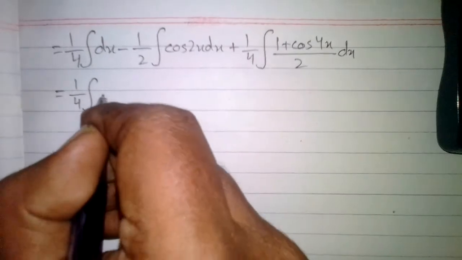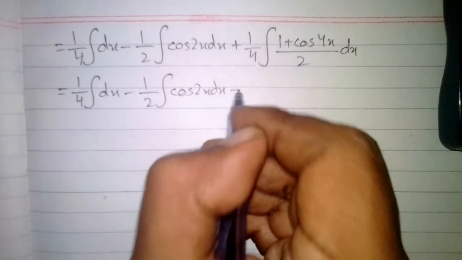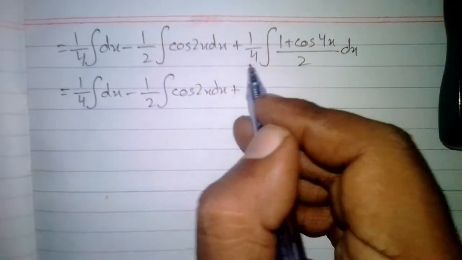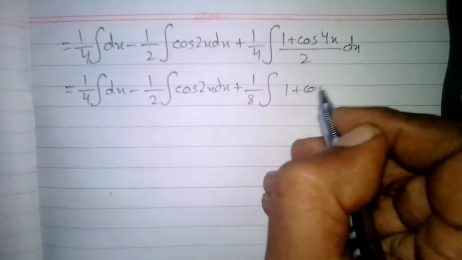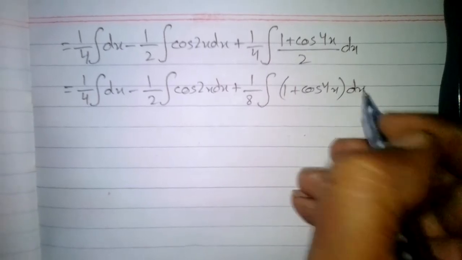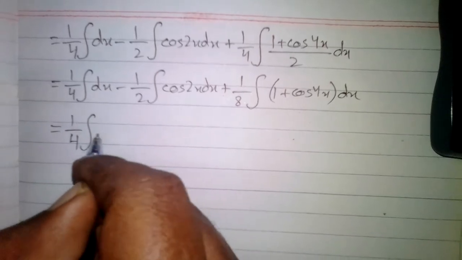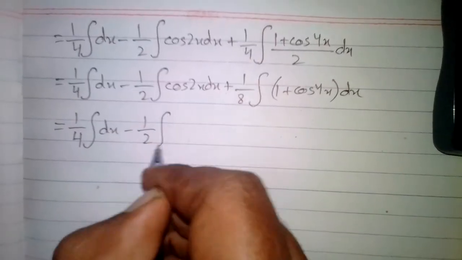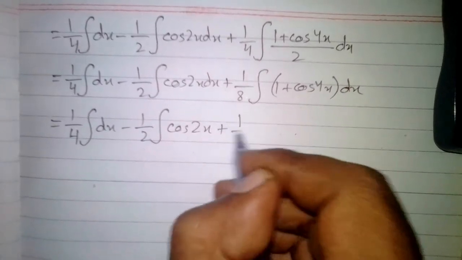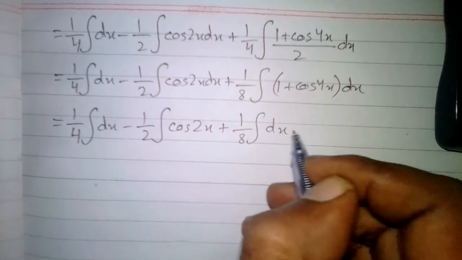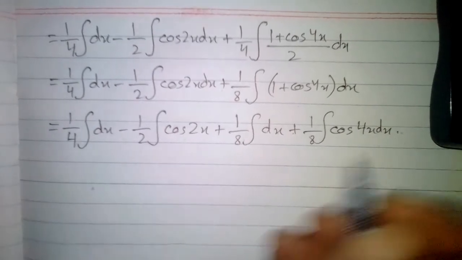Now this 2 will be multiplied by this 4, so we have 1 upon 8 integral of (1 plus cos 4x) dx. Now we have 1 upon 4 integral of dx minus 1 upon 2 integral of cos 2x dx plus 1 upon 8 integral of dx plus 1 upon 8 integral of cos 4x dx.